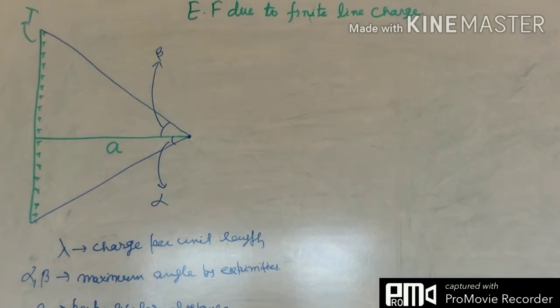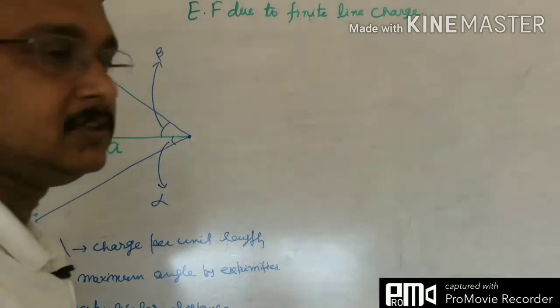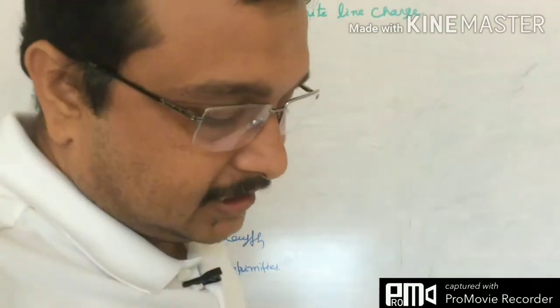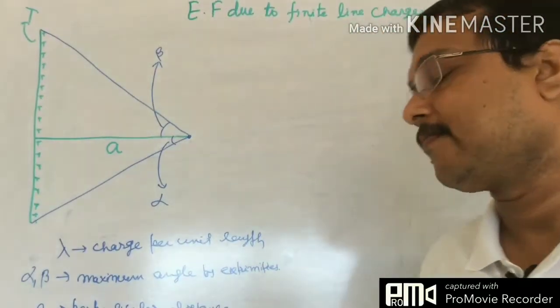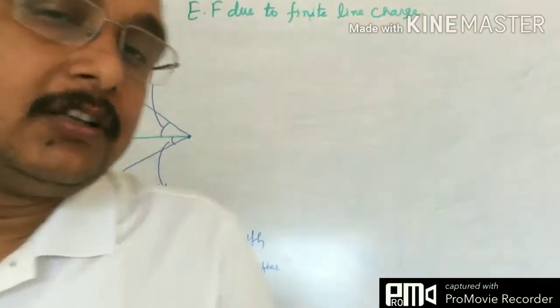So alpha and beta are given to us, and we have to find the value of electric field. So we know the approach.